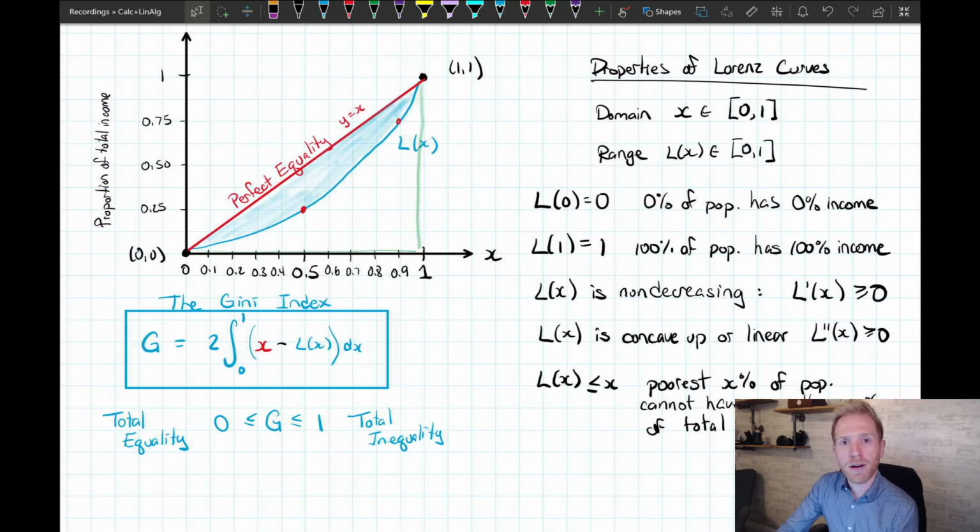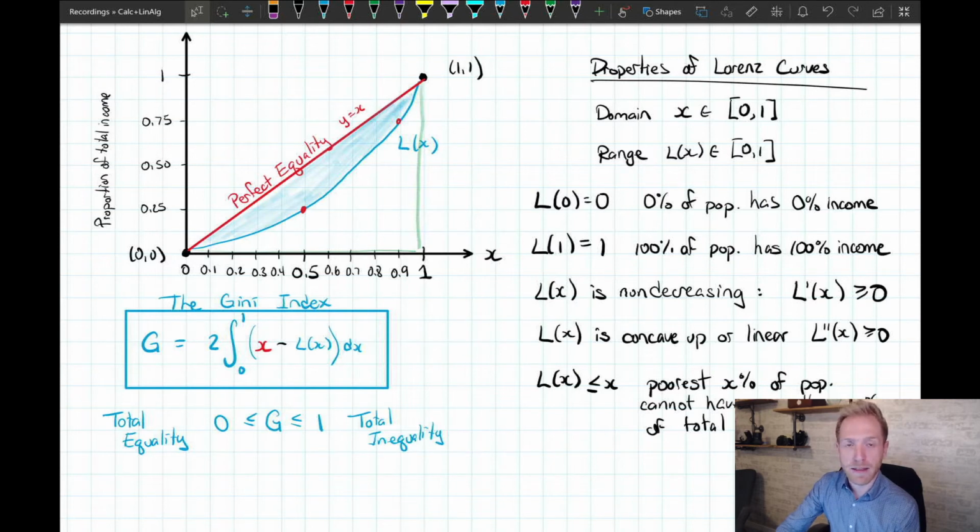Now, the tricky part with this integral formula is actually coming up with the equation of a Lorenz curve. It's pretty straightforward, by some sort of census data, that we can get a distribution of income. We might record what percentage of the total income each percentile or decile of the population is receiving. That, unfortunately, is discrete data.